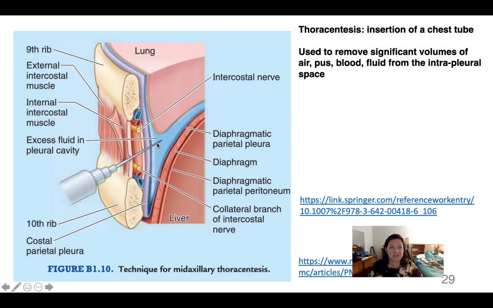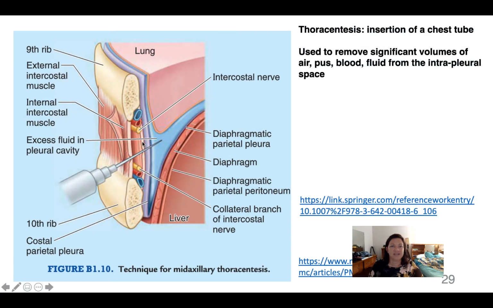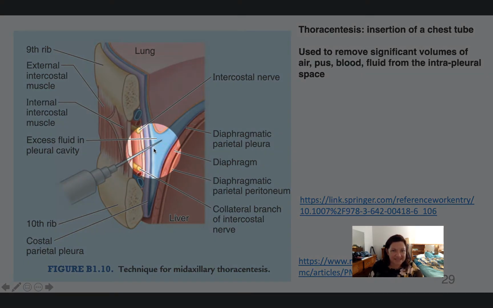And this can be used therapeutically to remove fluid, to improve ventilation. It can also be used diagnostically to test the fluid, for example, for presence of cancer cells. And so you can use a needle in thoracentesis to draw off fluid in the intrapleural space.